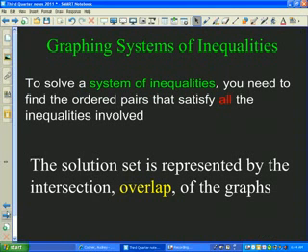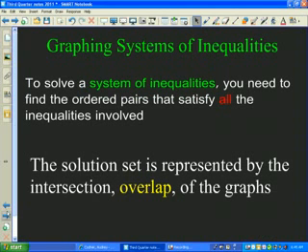If you recall, when we did systems of equations, a system is two or more, in our case inequalities, where we need to find an ordered pair or multiple ordered pairs that make both of those inequalities true, which we're going to see in a couple of examples.